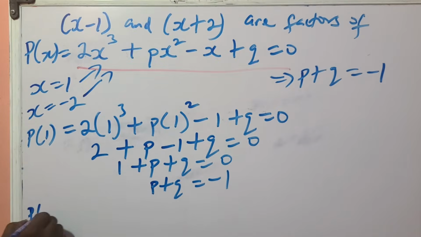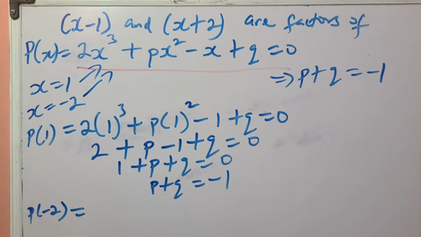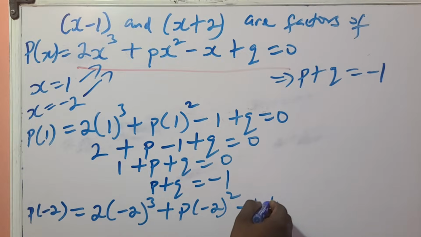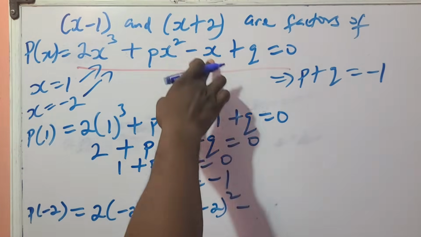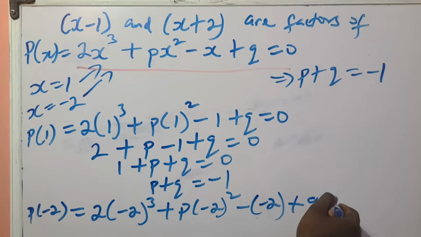So p minus 2 will obviously, we'll be fixing wherever we see x now, we're fixing minus 2. That will be minus 2 raised to the power of 3, plus p times minus 2 raised to the power of 2, minus 1. Sorry, we have x here, so this will be minus 2 plus q.